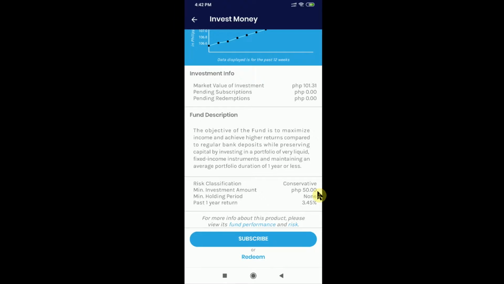I think this is one of the biggest advantages of Invest Money in GCash, because if you check investment via other channels, most of the time the minimum investment is several thousands. There is no minimum holding period. I will compute how profitable my investment is later, but it says here its past 1 year return is 3.5%.